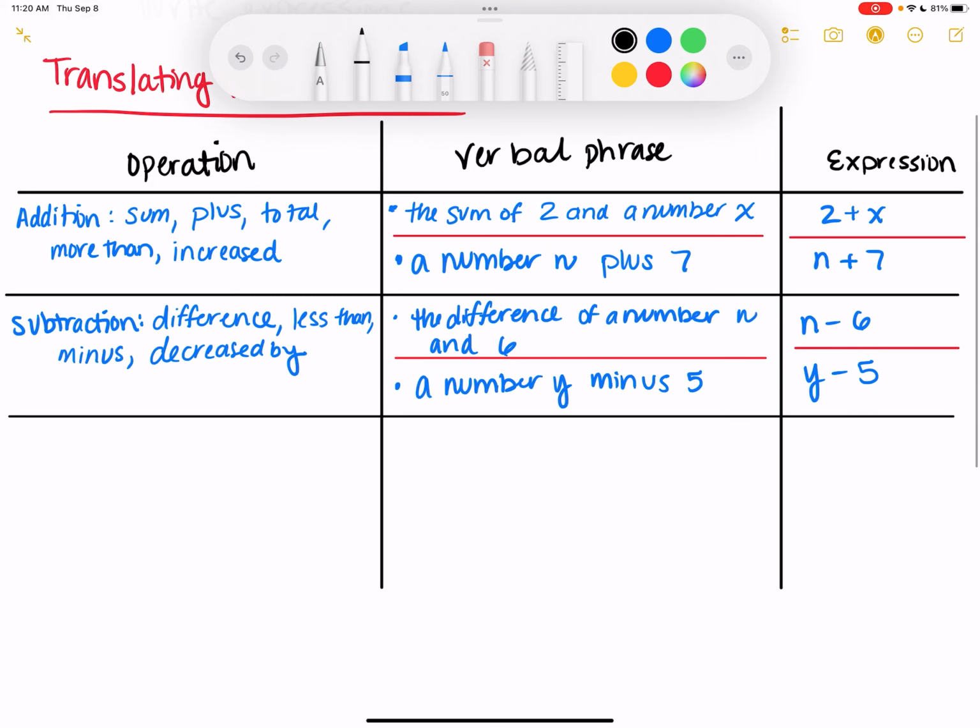So then the next one's going to be multiplication. Some keywords to look for to indicate that you're doing multiplication would be times, product, multiplied by, or the word of.